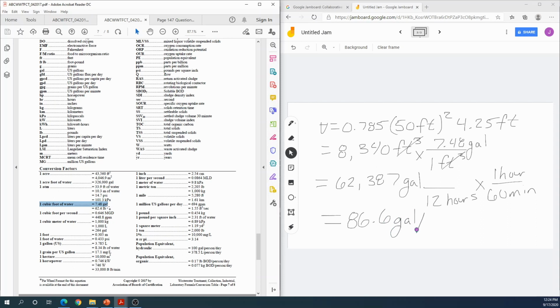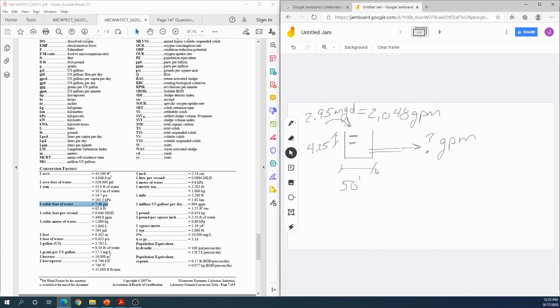gallons per minute. So if we jump back to our sketch, we know that we had 2,048 gallons per minute coming into this thing from our plant.